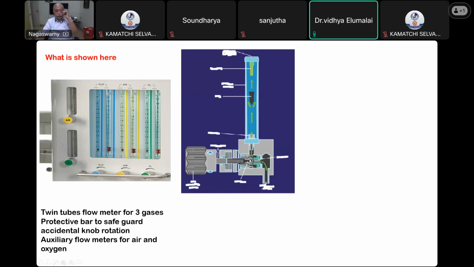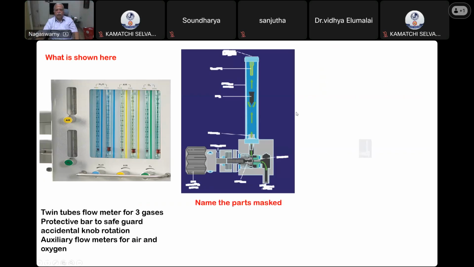What is this? Pin. Okay, so this is where the gas comes in, the gas entry, and it has to go into the flow tube. What is this, the black thing? This is the bobbin or the float. What is this on the top? Stop. Very good. So there is a stop here and there is a stop here.